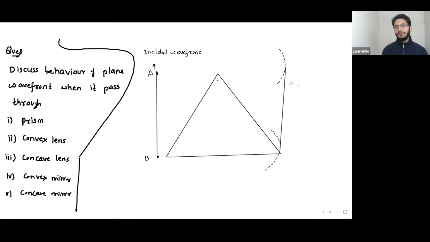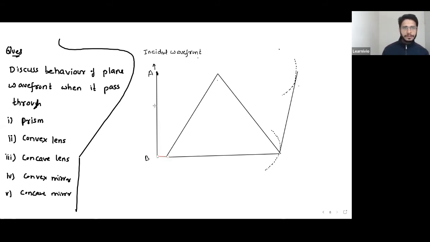It gets deviated. These are all freehand drawings, okay? So this gets deviated. Now, if you want to draw rays, rays are perpendicular to the wavefront.